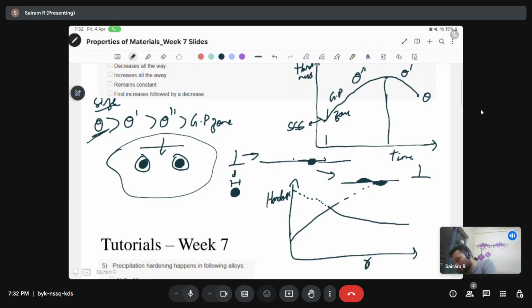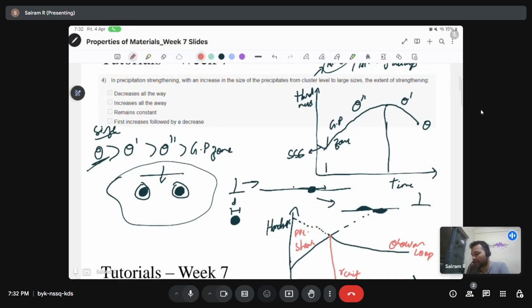So there comes a sweet spot, something of this sort. This is R critical. This would be the Orowan loop, and this would be my precipitate shear. This R critical would be the ideal size at which I'll get the maximum hardness for my sample.